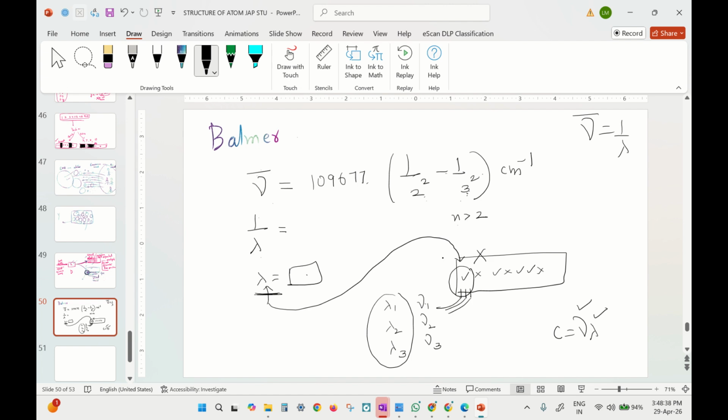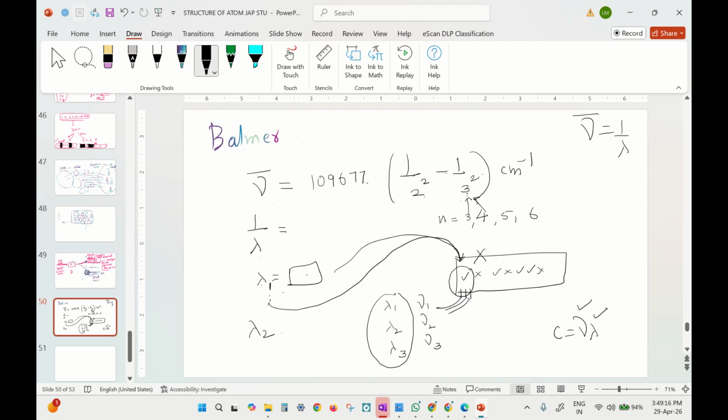If you substitute n is equal to 3, or n is equal to 4, or 5, or 6, what is n? n should be greater than 2, so n can be 3, 4, 5, 6, 7, etc. When you substitute the value and get the lambda, that corresponding electromagnetic radiation is present in the line spectrum, the emission spectrum of the hydrogen atom. So lambda 1 is there. If I substitute 4, I get lambda 2. Is it there? Yes, it was there.